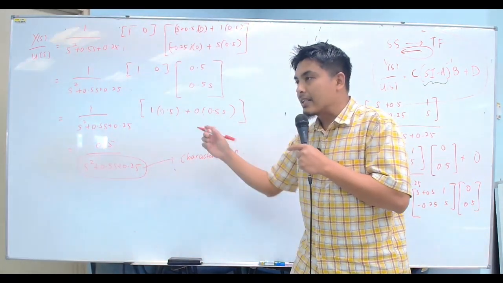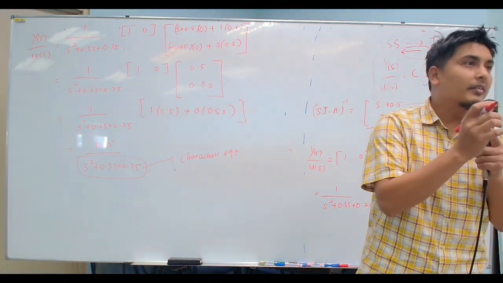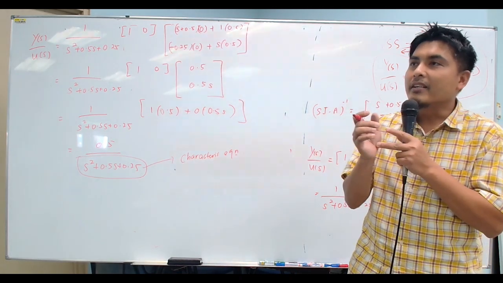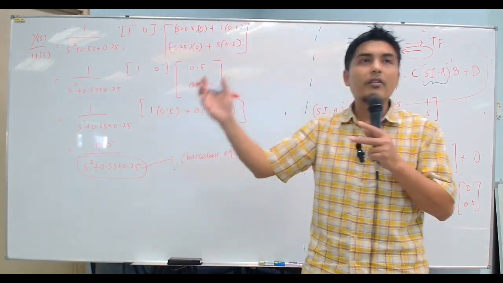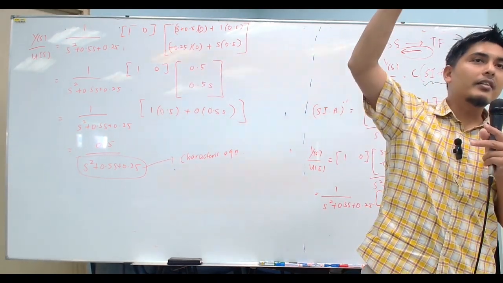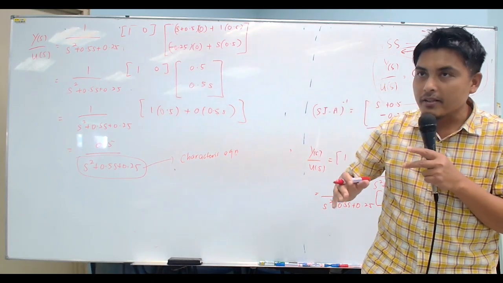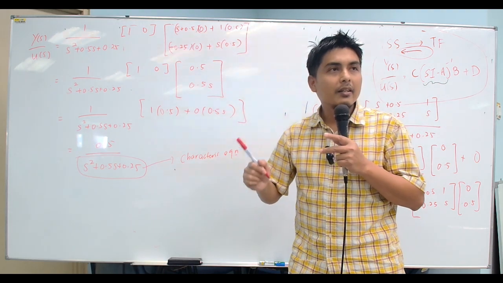However, the criteria that we look for in the system, is it stable, is it unstable, is it fast response, is it slow response, does it have very high error, is it no error, everything depends on the characteristic equation.